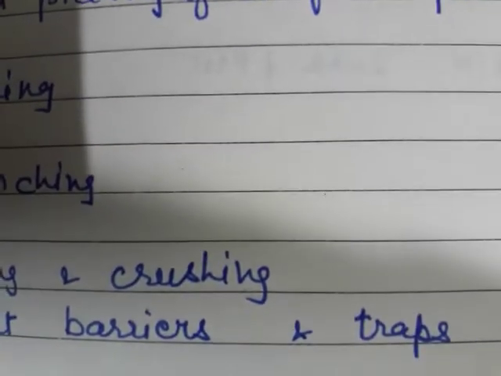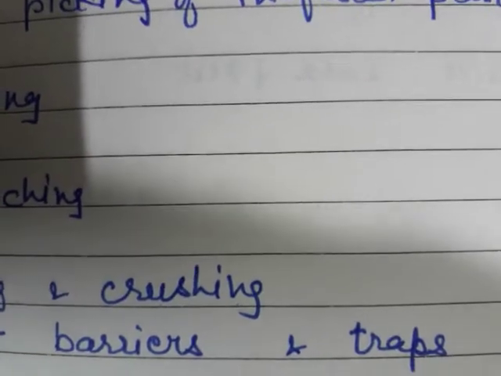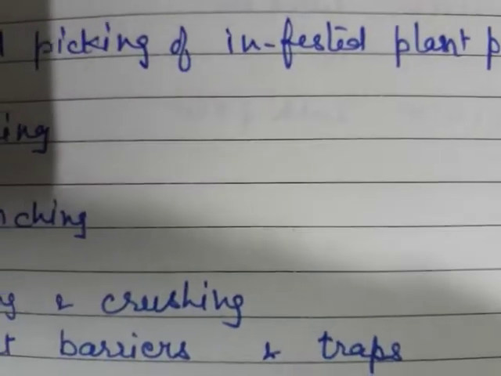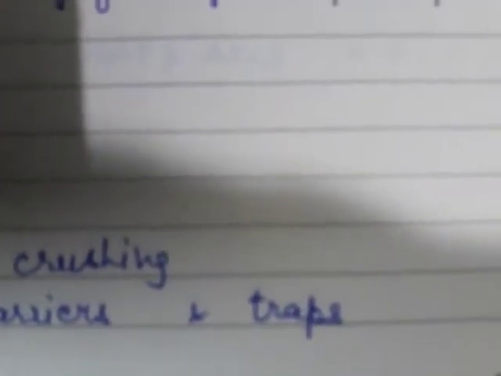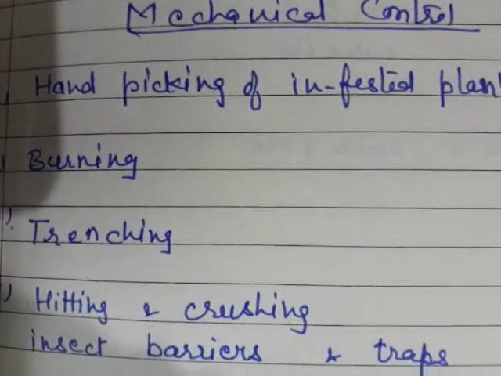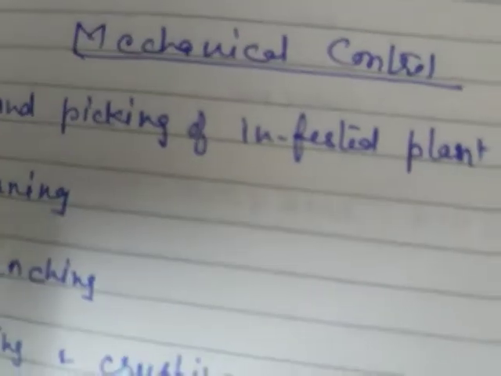Insect traps are also used for control. Various types of traps like light traps, pheromone traps, bait traps are used. These are mechanical types of control.